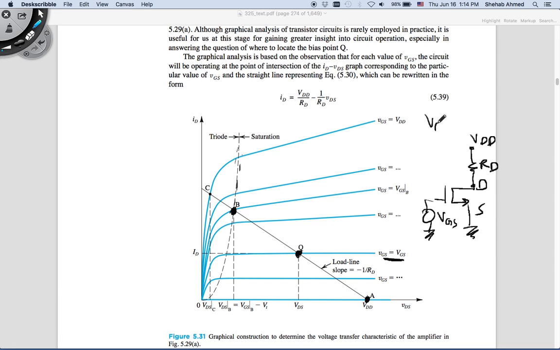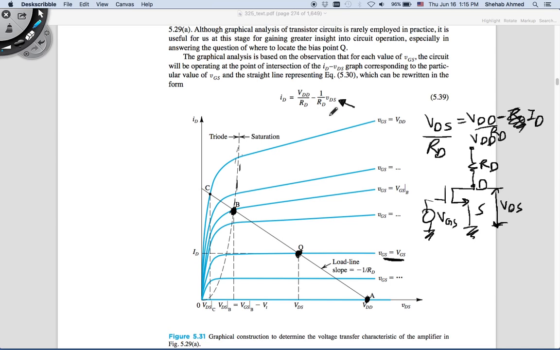So we said that VDS, which is the voltage of my output here, is equal to VDD minus RD times ID. And if I solve for ID, I get, I will divide by RD, this goes away, and then I bring ID on the other side, and I end up with this equation here.